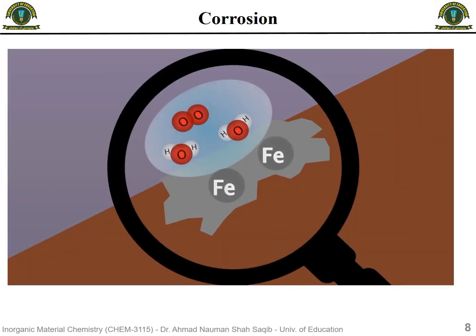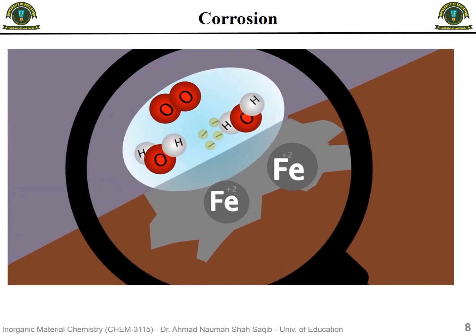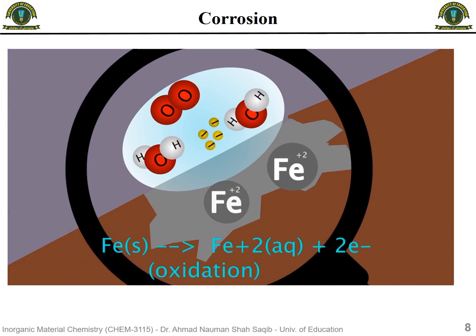The rusting of iron is an oxidation-reduction reaction. Here we can see the iron being exposed to a water droplet containing dissolved oxygen. This exposure causes each iron atom underneath the water droplet to give up 2 electrons to become iron 2 ions. This process is known as oxidation.